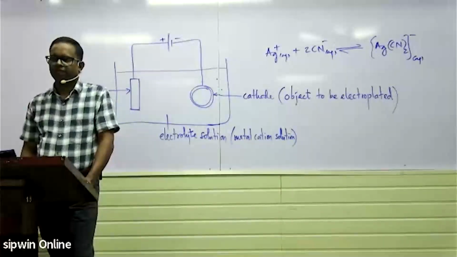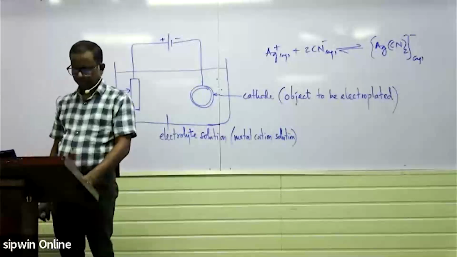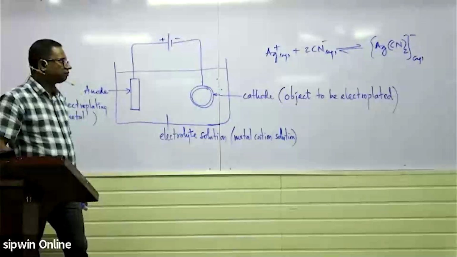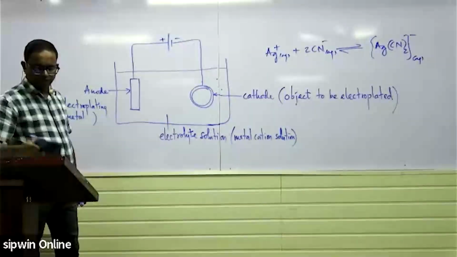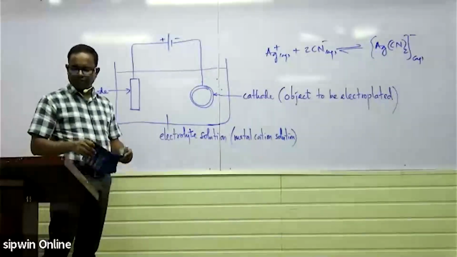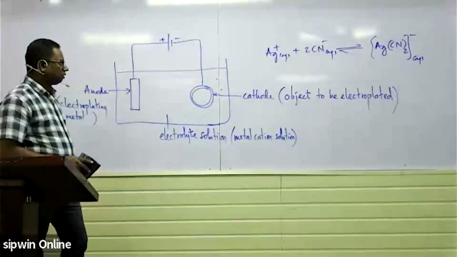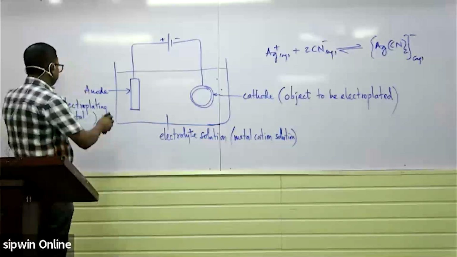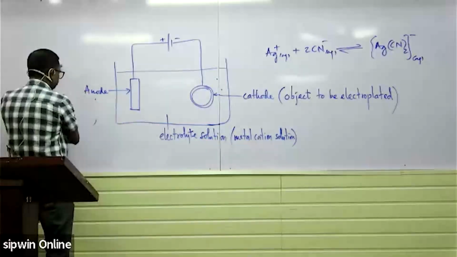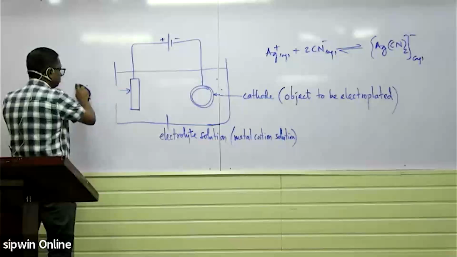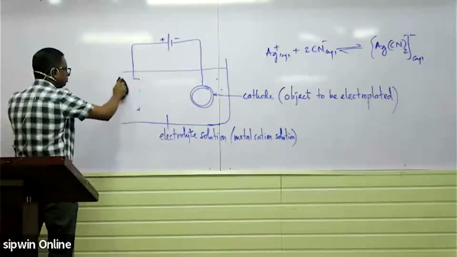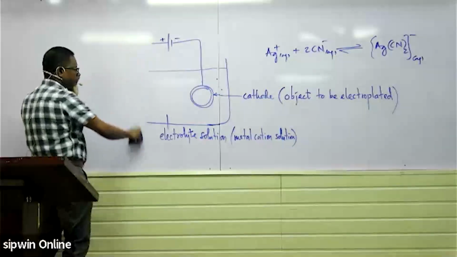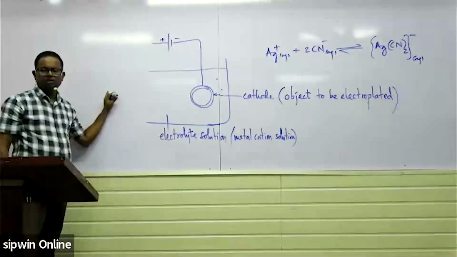Example, if silver is electroplating, the following electrolyte solution is used.